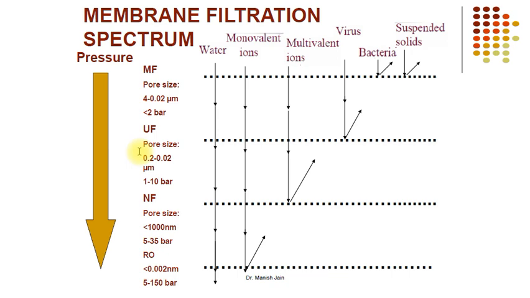Before going to the higher separation, we use the microfiltration membrane to separate out suspended solids. Otherwise these solids and bacteria will foul the other membranes like reverse osmosis or nanofiltration membranes. So we have to separate out big bacteria, fungi, and suspended solids from the water using the microfiltration membrane.